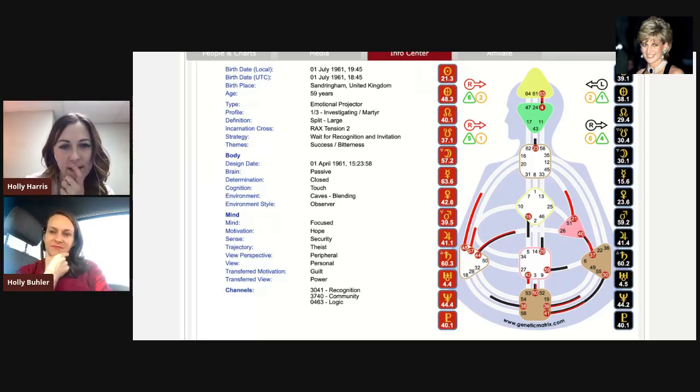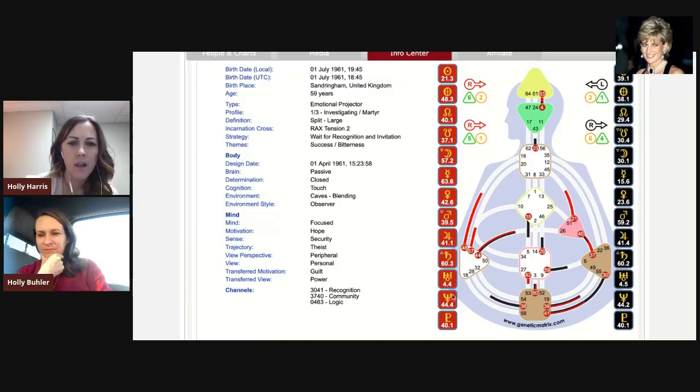Is there anything else that's standing out to you in your chart, Holly? Is gate 42 the gate of receiving? No, that's gate 2. Okay, that's right, on the opposite end. So she has that 40 to 37, which is another emotional wave.